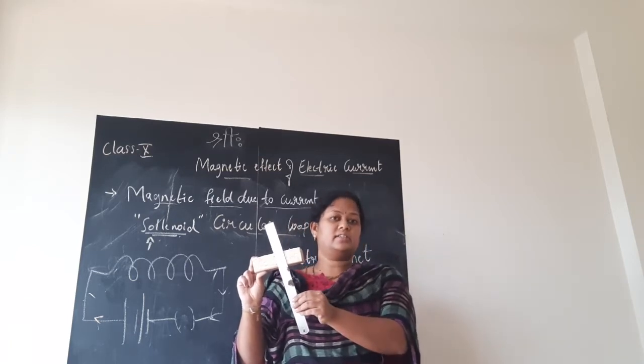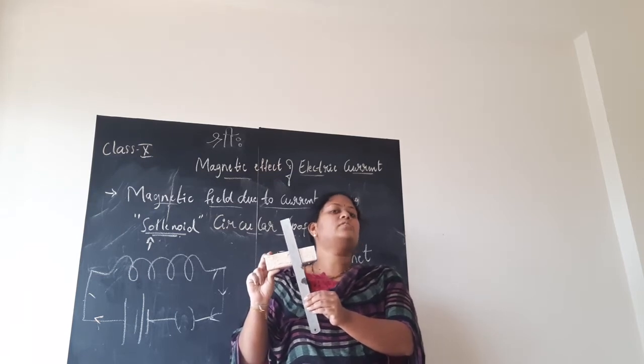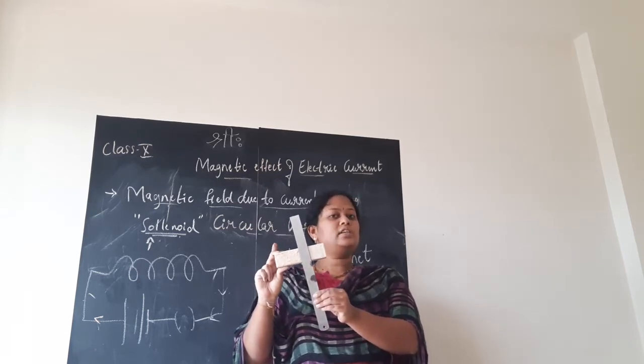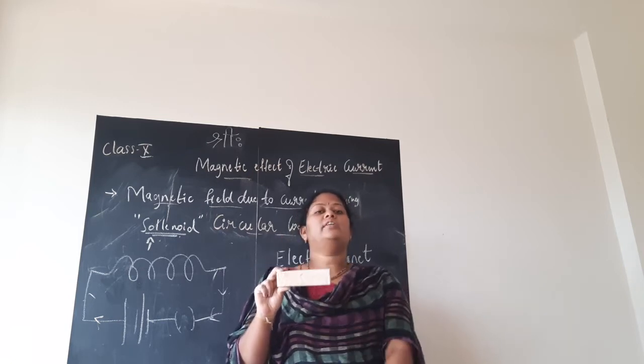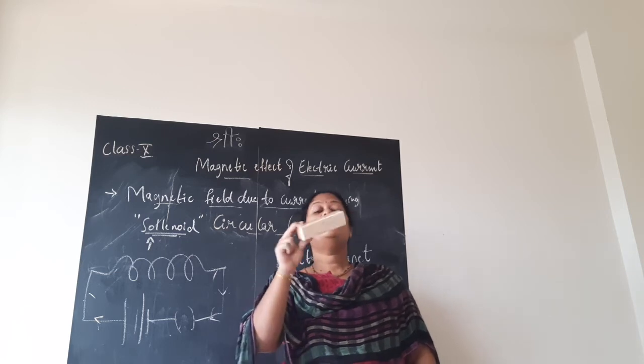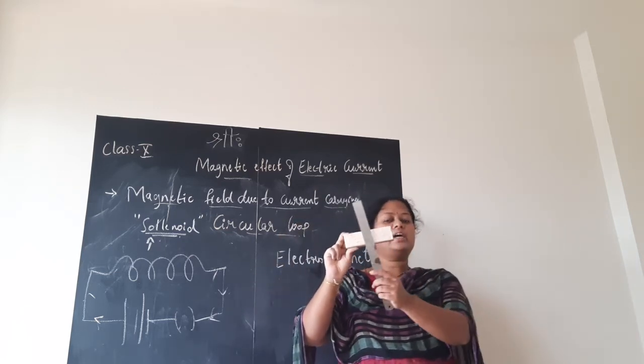So it is attracting the scale. Now what I do is I will suddenly switch off the current flowing through this soft iron core. As soon as I switch off the current, this electromagnet will no more hold the iron scale and it will drop it down. It loses its magnetic property. When current was passed, it attracted the scale.